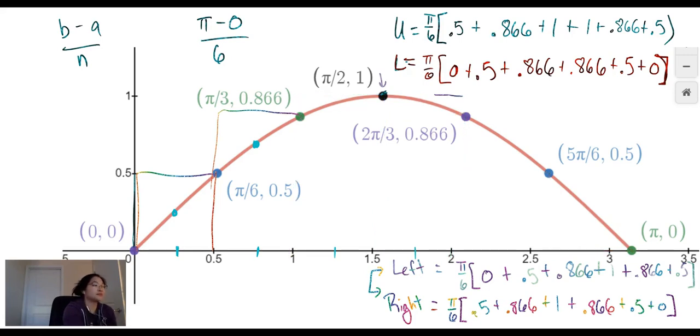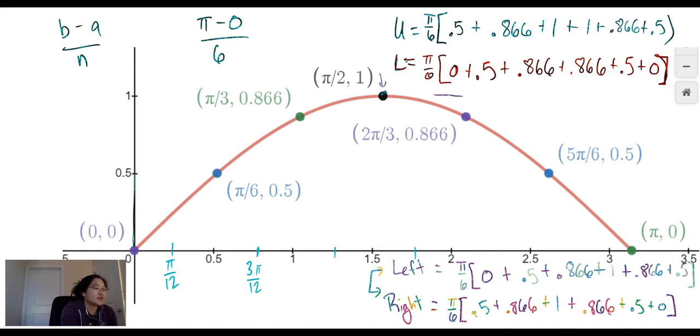Midpoint. Back up. Midpoint is looking at our function evaluated at pi over 12. At pi over 6 plus pi over 12, which is 3 pi over 12, also known as pi over 4.